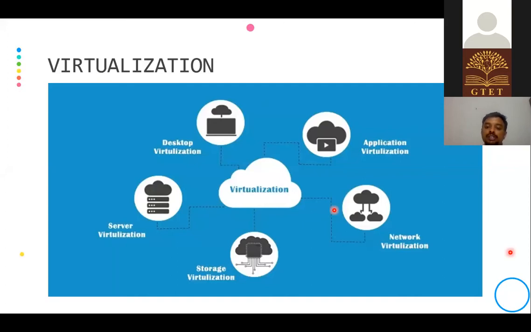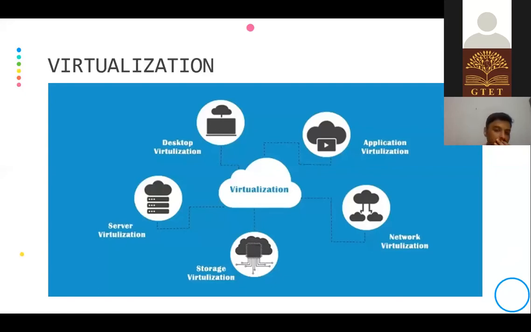Network virtualization is basically using the same network hardware that you have. You will have network cables, you will have network routers, you will have network switches, which will direct traffic between different systems and different environments. You can use the same network infrastructure to run more than one network, right?